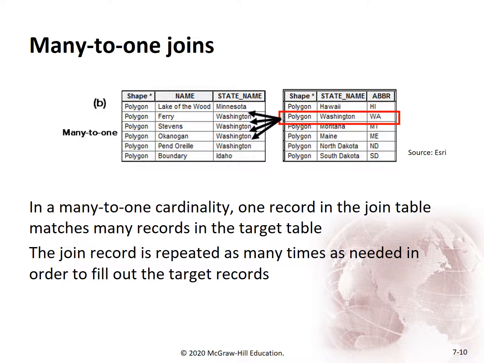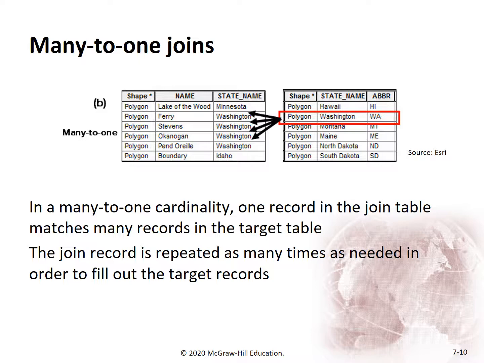If you have a many-to-one cardinality, they say that means one record from the join table matches many records in the target table. To me, that's not a many-to-one, that's a one-to-many. I'm joining data from one record to many records. They look at it like you're joining many records to a single record.